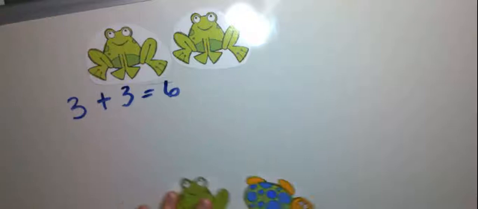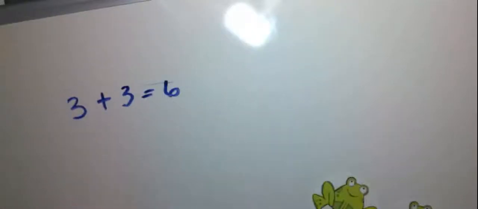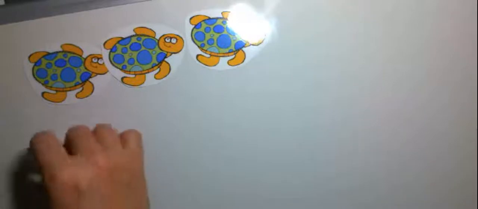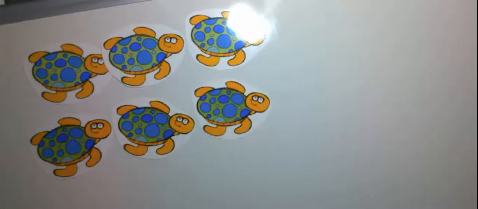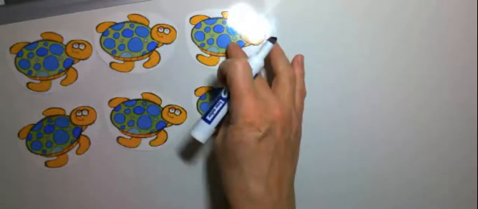So now let's erase this. And I'm going to move these out of the way. And now let's see. I'm going to have 1, 2, 3, 4, 5, this time 6 turtles.